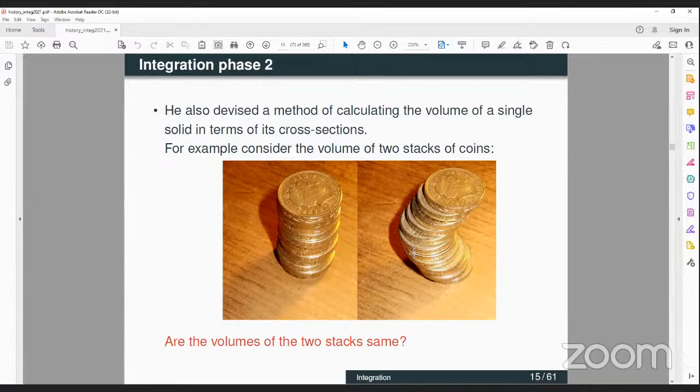And if they are in a particular ratio, then the volumes will be in that ratio. The limit is hidden in the thickness of these coins: if you make it smaller and smaller, eventually that leads to comparison of volumes by the slicing method. Essentially, that concept is what we teach as an application of definite integrals to our students.